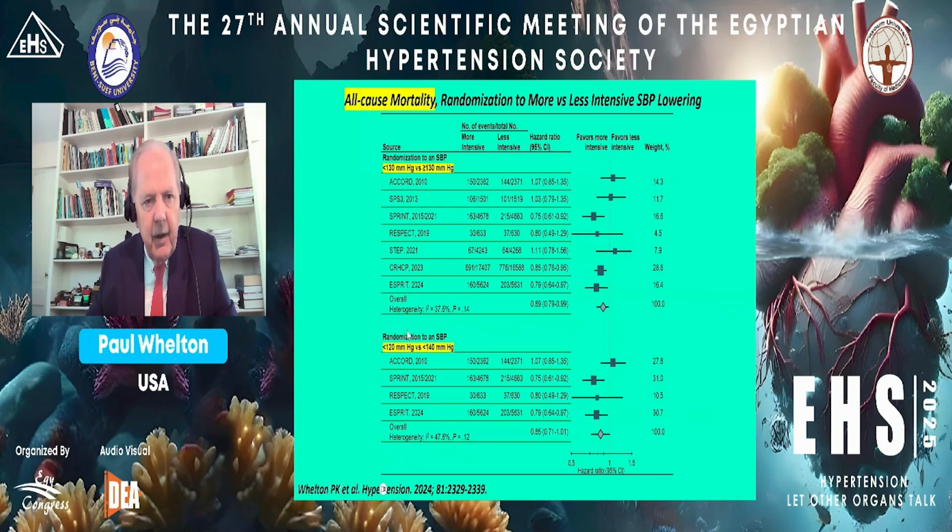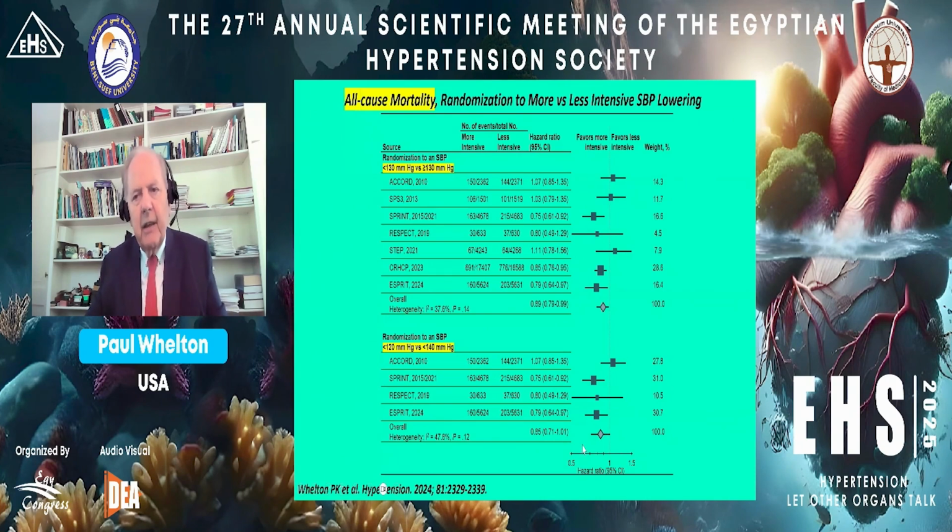Now, for this outcome, looking at the less than 130 versus higher targets, there's in most of the trials a shift to the left, and it just meets statistical significance. For the 120s, it again tends to shift to the left. It just misses for this analysis the statistical significance.